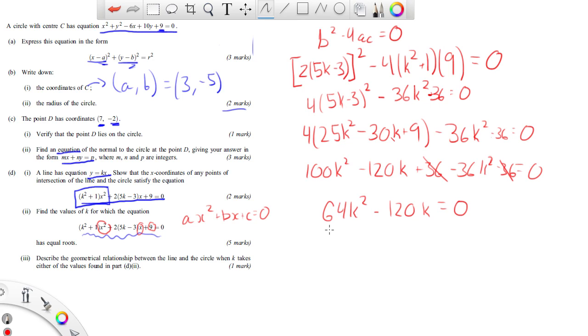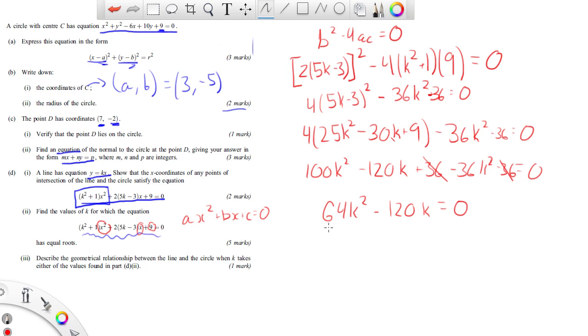How could we factor this? I think they both have factors of 8. This is obviously not a calculator question, so I'm doing my best to not do this with a calculator. Is 120 a factor of 8? It is. It's 15.